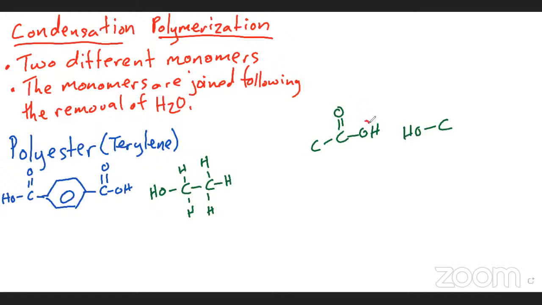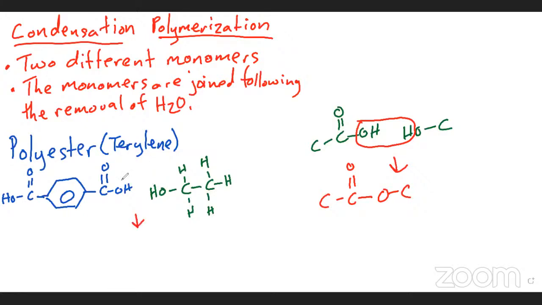And so all you're doing is removing the OH from the acid and the hydrogen from the alcohol. And so you will have the C double bond O of the acid bonded to the oxygen of the alcohol. All right, and you put back everything else. So that is what I'm going to do here.